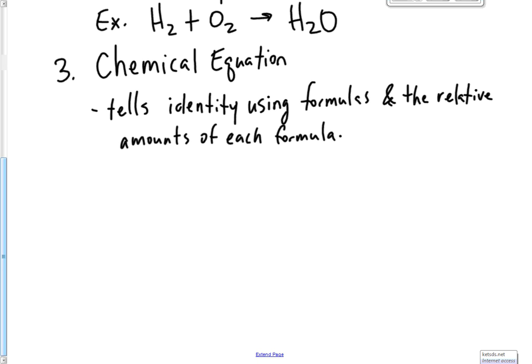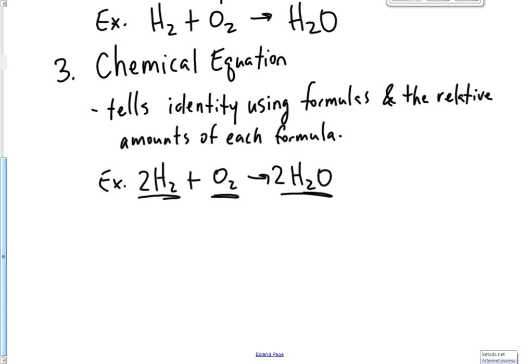So now in our water example, we have H2 plus O2, and what we need are coefficients. That's going to tell us exactly how much. So now I've told you you need 3 cups of all-purpose flour, half a cup of milk, and 3 eggs. Now I'm telling you the exact amount of everything you need to make this cake. I'm telling you the exact amount of each hydrogen, each oxygen that you need to get water. So those are the different types.